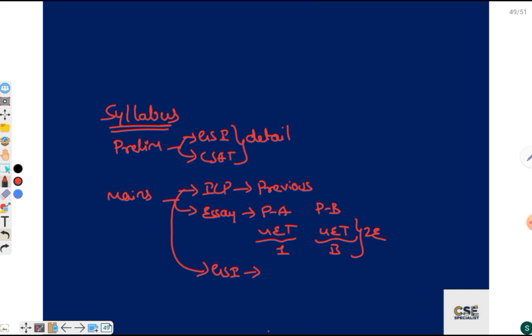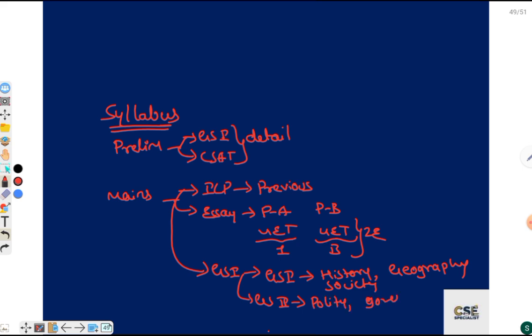For GS1 we have seen that we have to cover history, geography, society, and for GS2 we have to cover polity, governance, social justice, international relations.